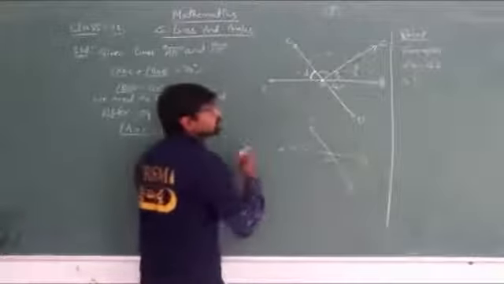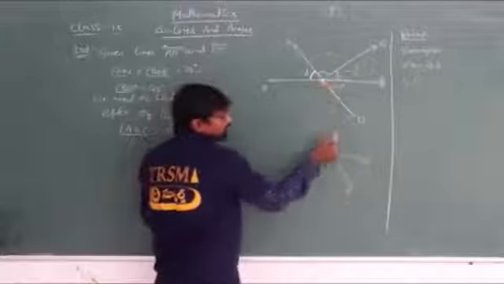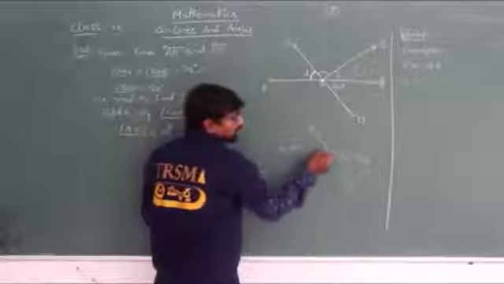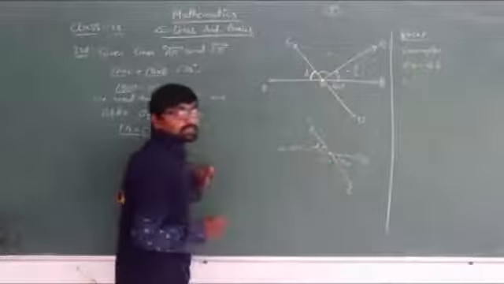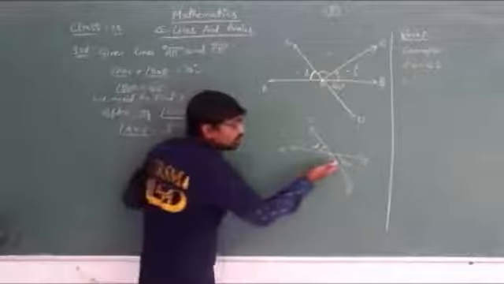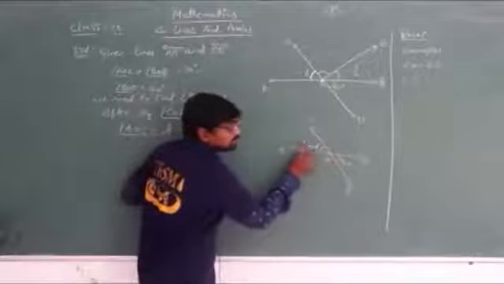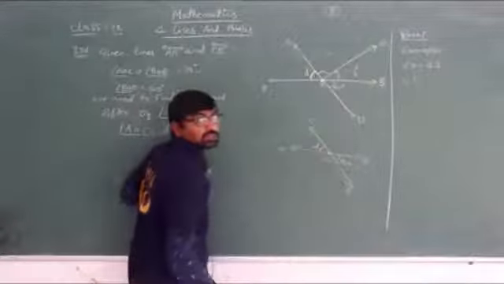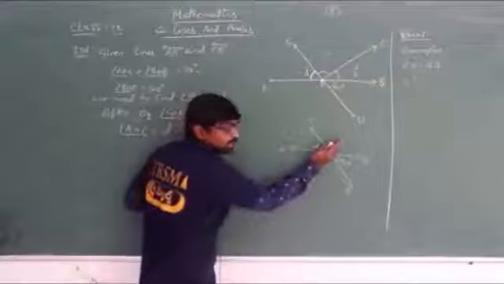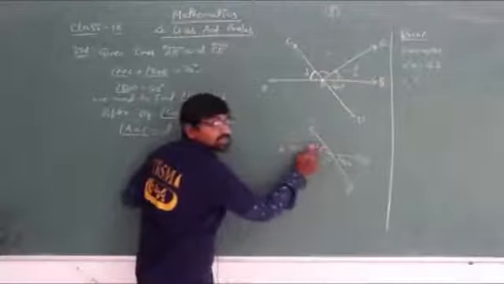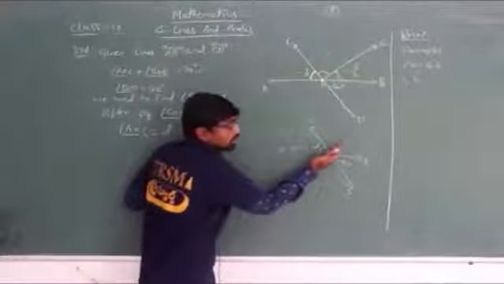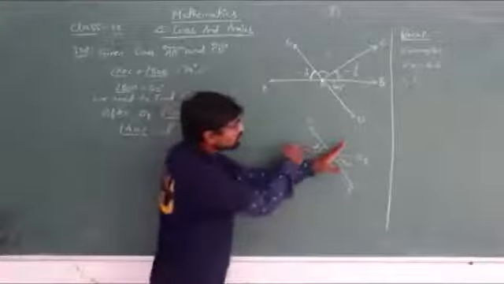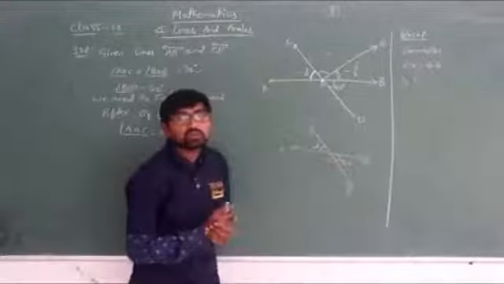Here he has given 40 degrees, and here we have D. You can see through vertically opposite angles, both the angles are equal. If I keep a mirror here, I'll get the same image, so this value and this value are equal.